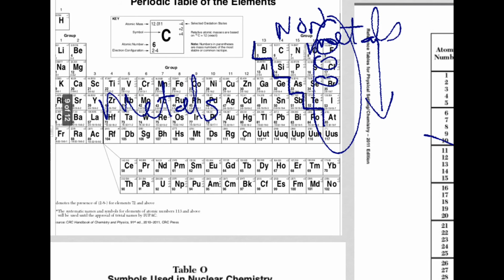And then there's a group of elements that are called the semi-metals that are either on the staircase, like boron, silicon, arsenic, and tellurium, germanium, and antimony below, that are known as the semi-metals or metalloids. Know where they are on the periodic table.